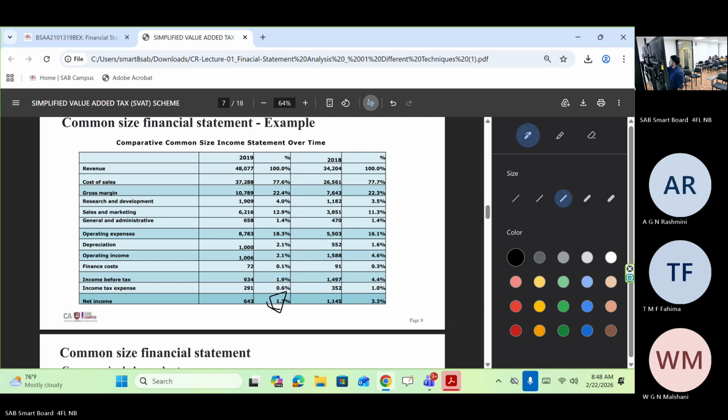$48,000. $48,077 divided by 100 into 643.